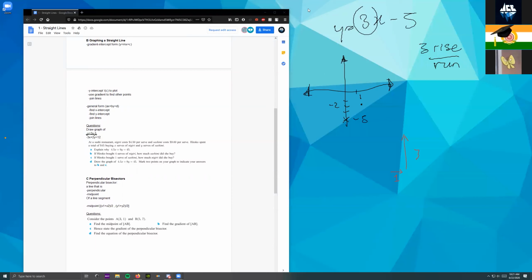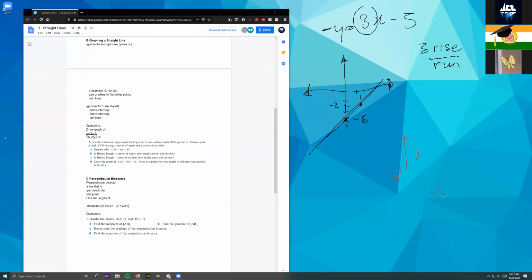Oh, it's y equals 3x plus 5. I just added this as a bullet point, except it looks like a minus. So usually I just do this, and then you already get 2 points, and then you just pull up a straight line that hits both these points, and you're done.